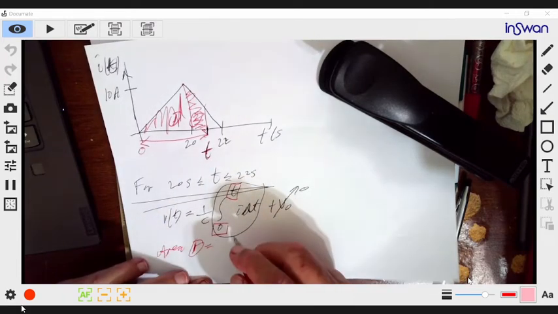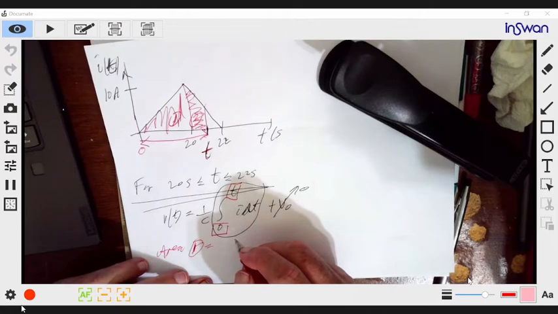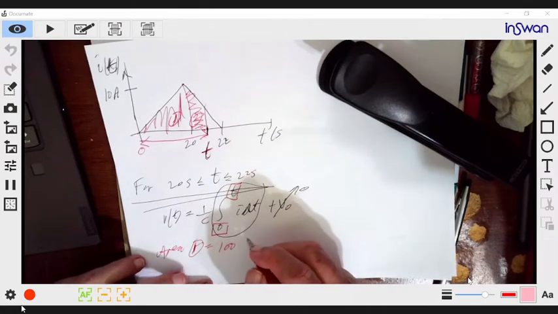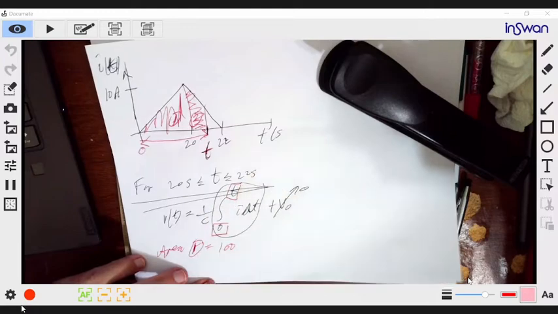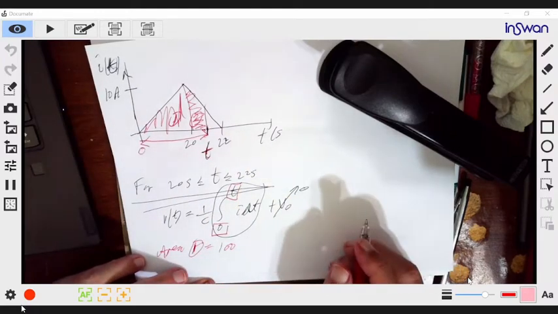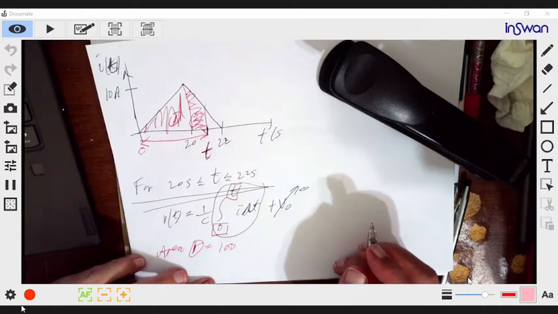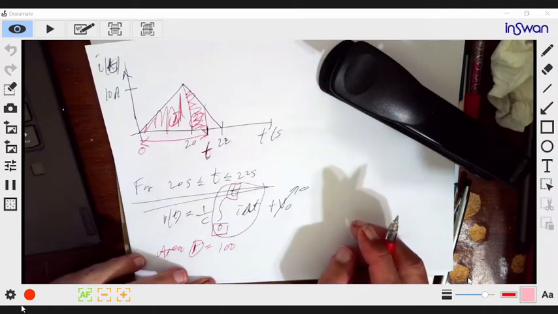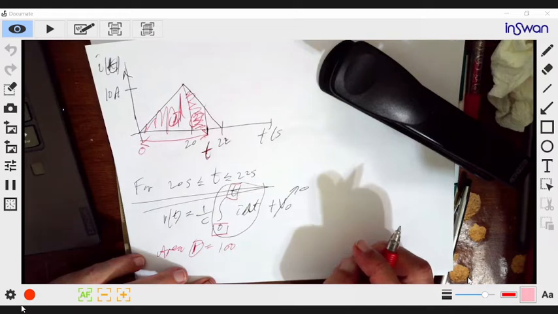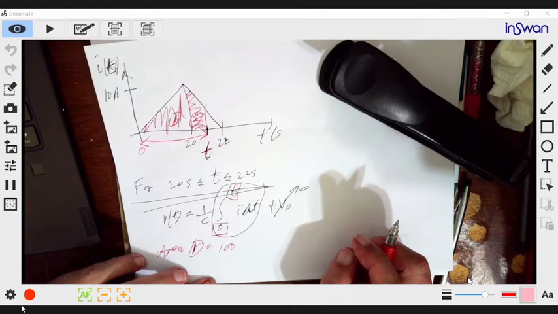100. All right. Well, what's the unit? What are you multiplying?